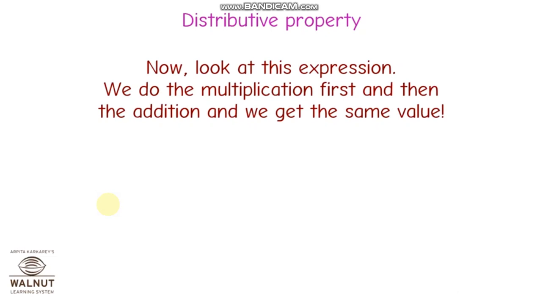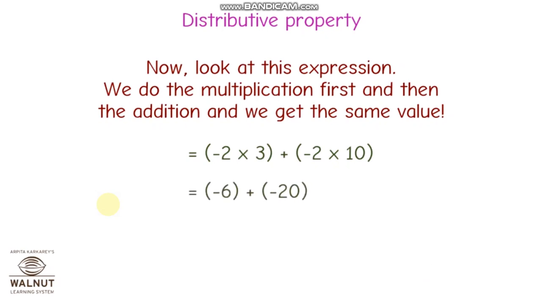For example, minus 2 into 3 plus minus 2 into 10. Minus 2 into 3 is minus 6, plus minus 2 into 10 is minus 20. The answer is minus 26.